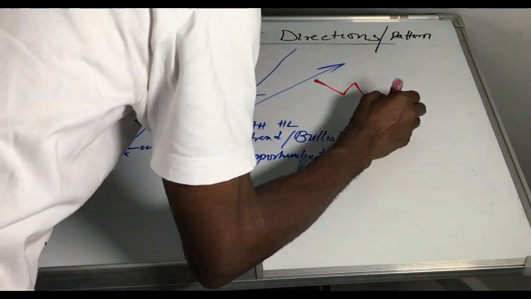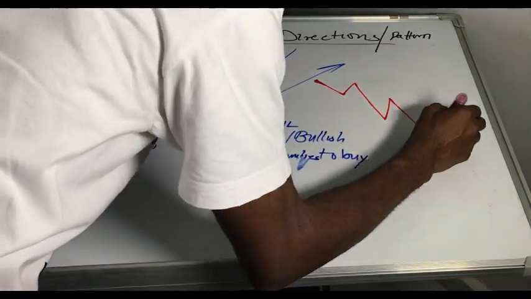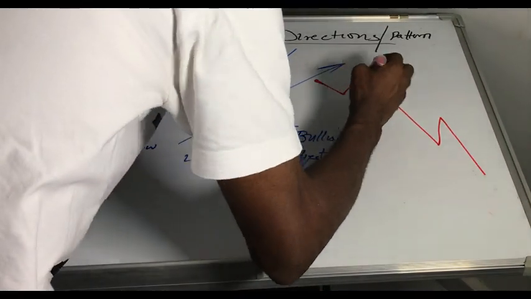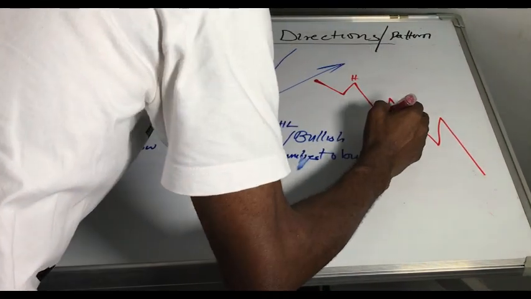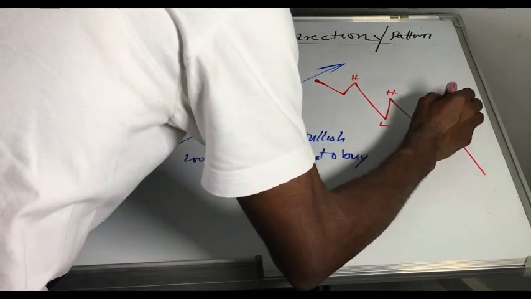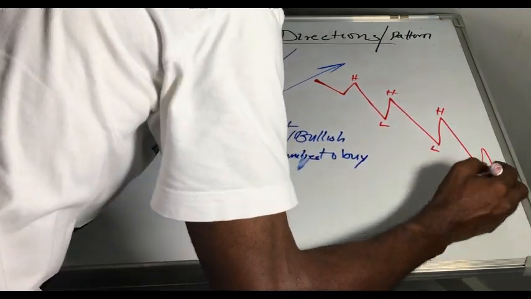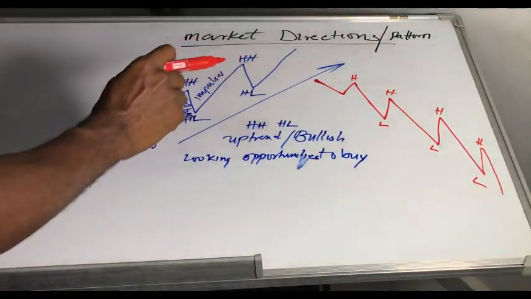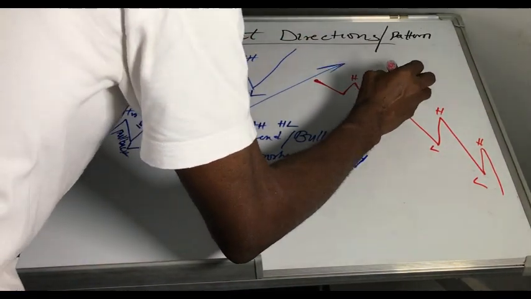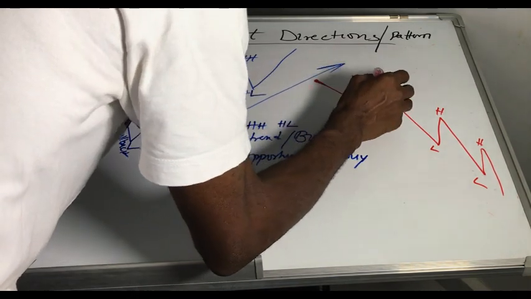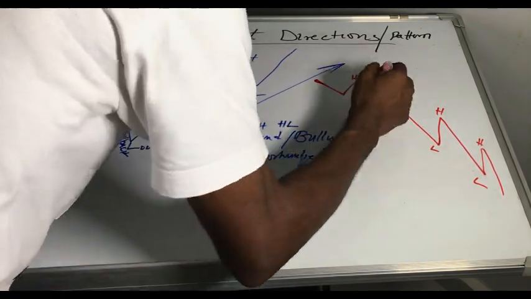When the market is moving this way, this is the high, this is the low, this is the high, this is the low, this is high, this is low. So this high is lower than this high, it's called a lower high.